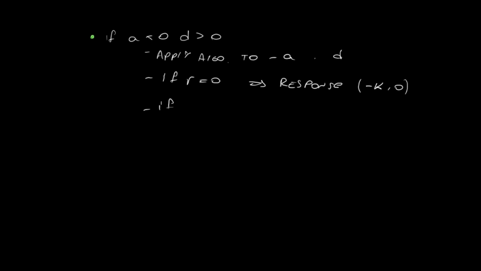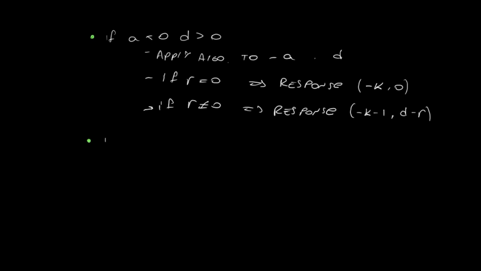And if R is not 0, then your response will be minus K minus 1, D minus R. This is what happened to us in the second example.